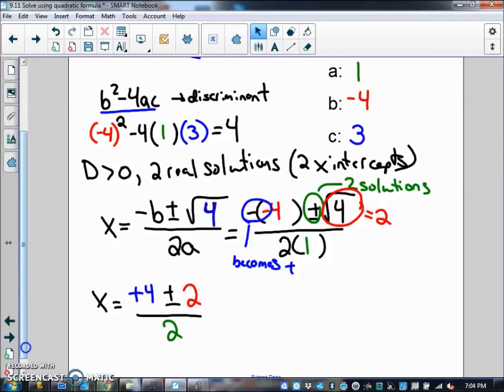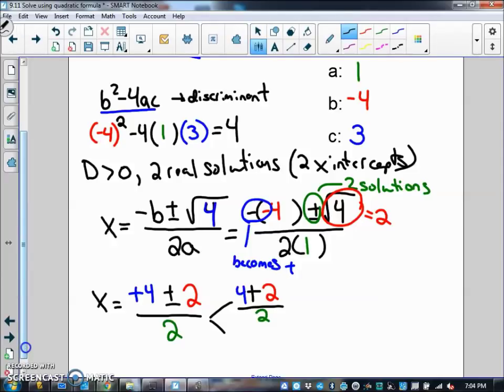We've said it will give me two solutions. So I will have one solution, which is 4 plus 2 all over 2. That'll be one of my solutions, which will give me 6 over 2, which is equal to 3.